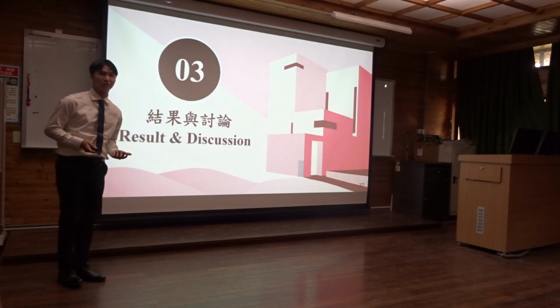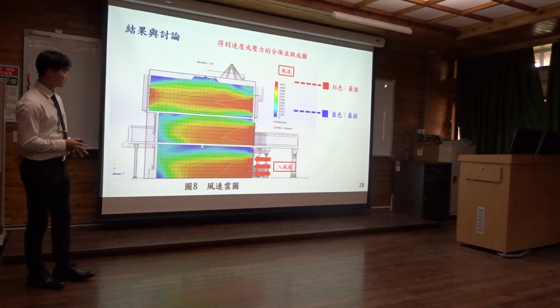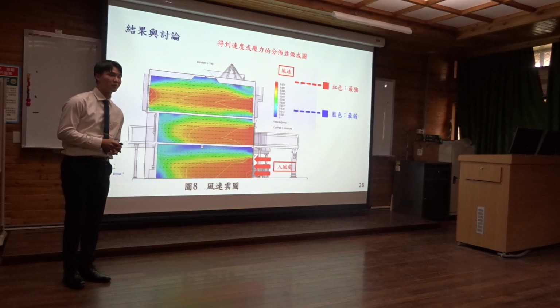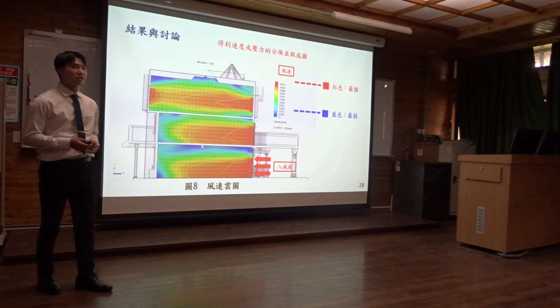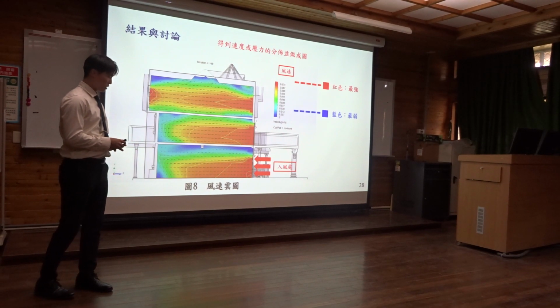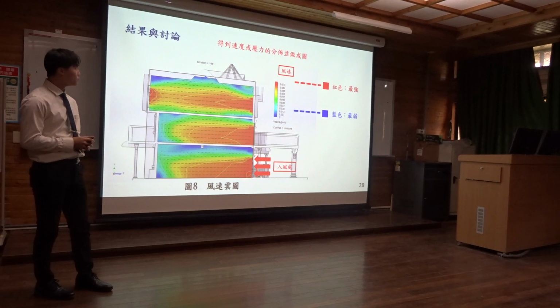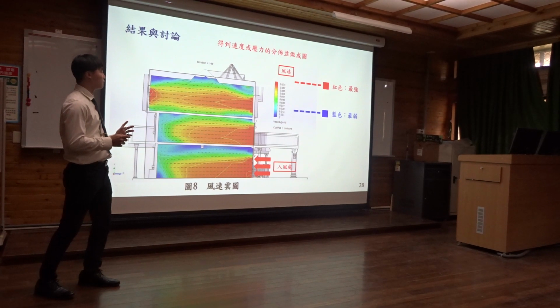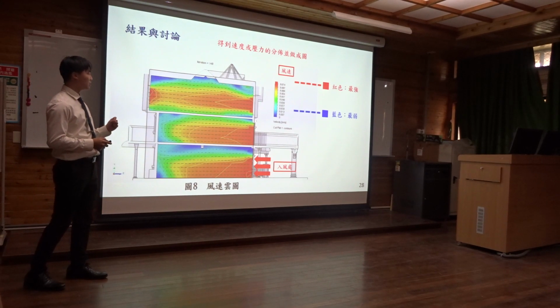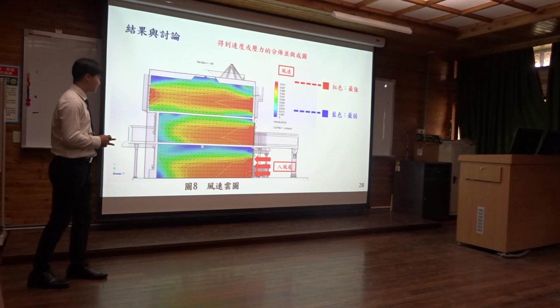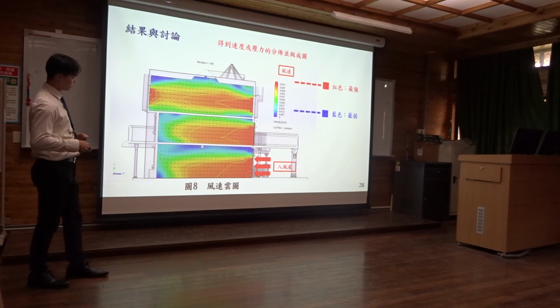Let's go to results and discussion. So, we built a 3-story detached house. By using this analysis method, we can find out how the flow moves and get the flow patterns. Figure A shows the color range of indoor velocity. We focus on the first floor.